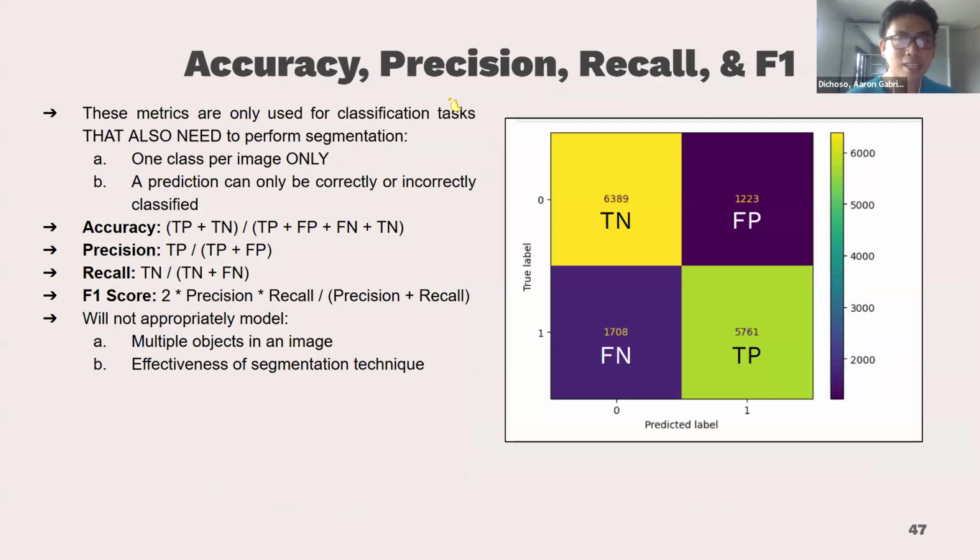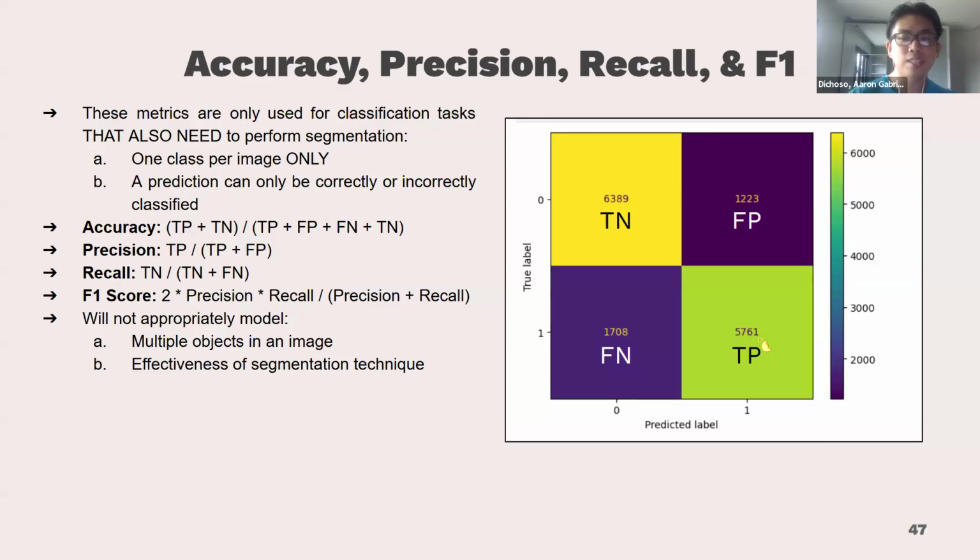I'm sure that a lot of you have already heard of these different metrics because these are usually used for classification tasks. When a prediction is being performed, the model sometimes predicts wrong and sometimes predicts the right label. So it produces what's called a confusion matrix, which shows you the statistics of all of its predictions.